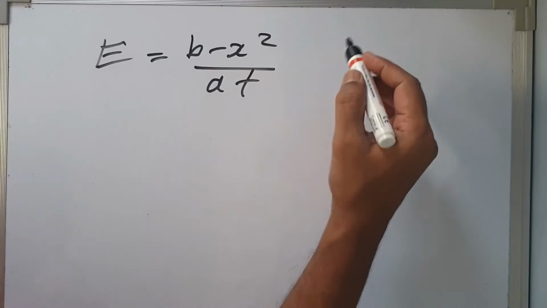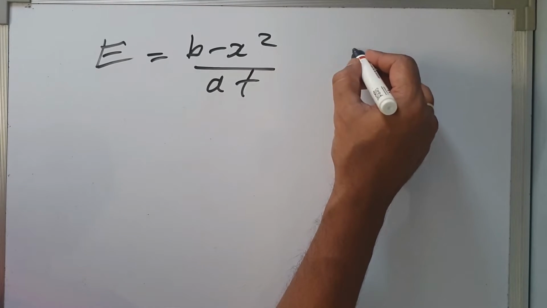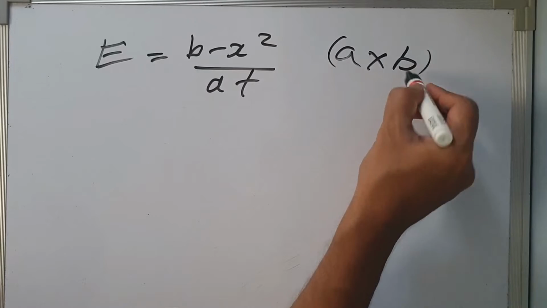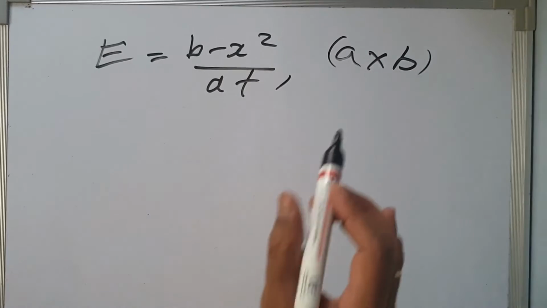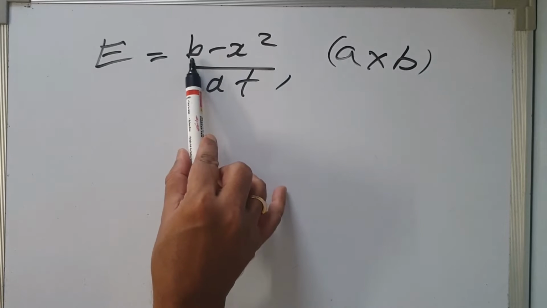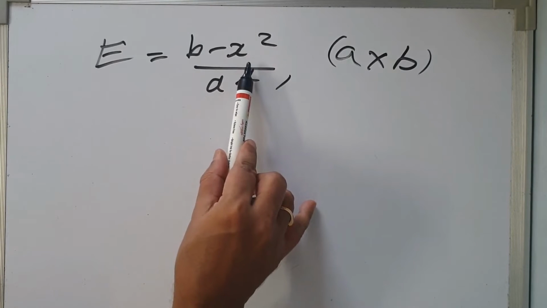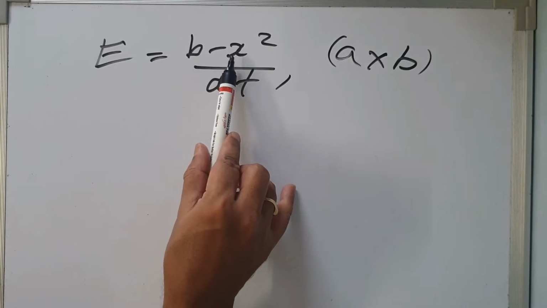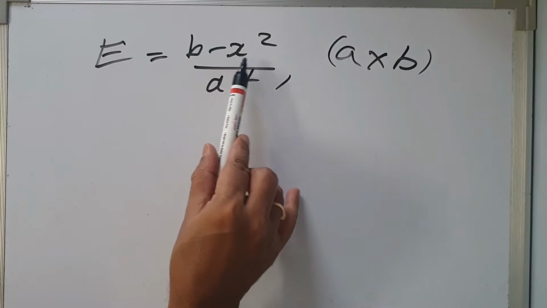We want to find the dimension of A into B. So first you have to find the dimensions of A and B. By the homogeneity principle, as I just told you, you can add or subtract only those terms having the same dimensional formula. That means B has got the dimensional formula of x squared.